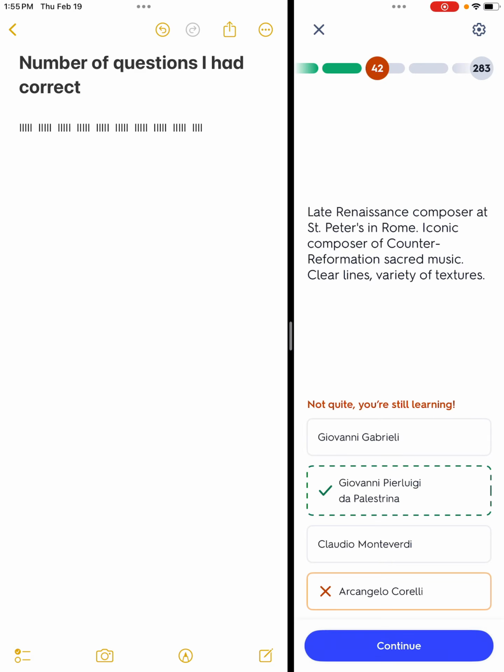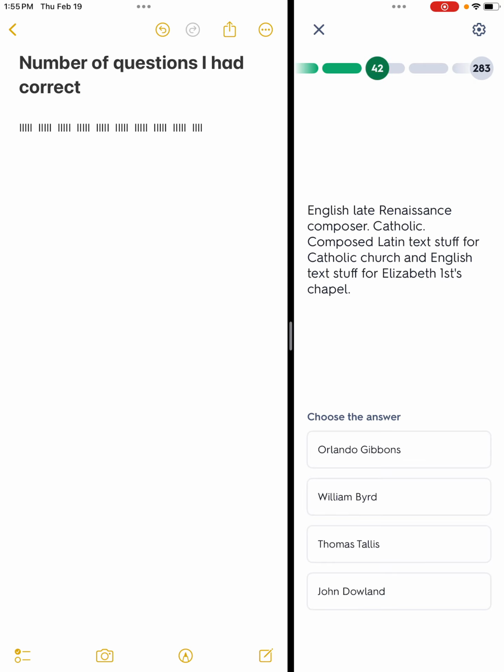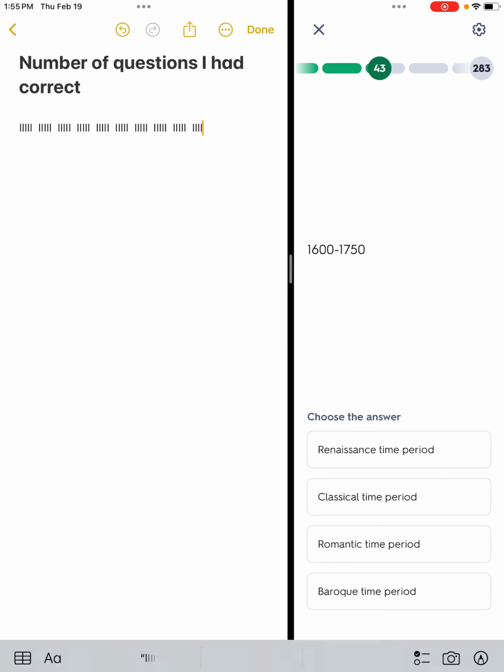Oh, Palestrina. I could have thought of that one. English. Okay, William. Wait, that one's right.